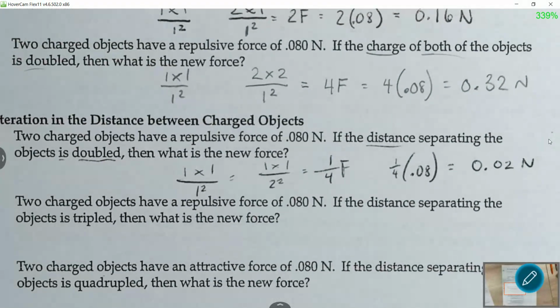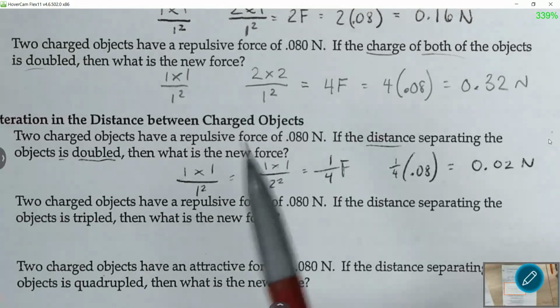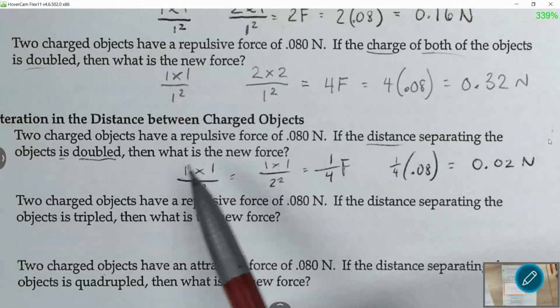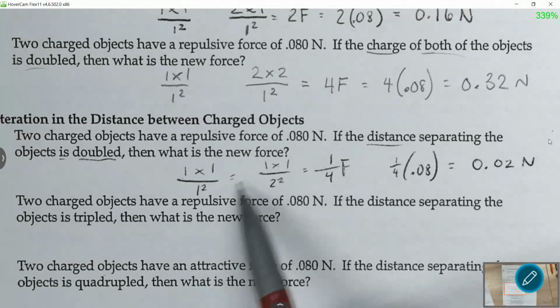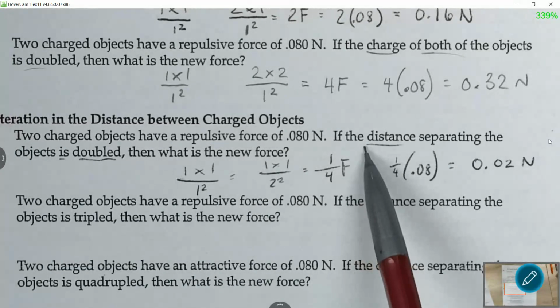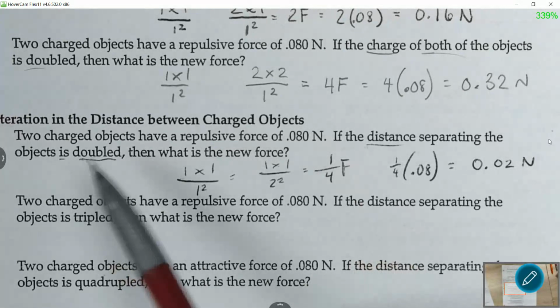And then they talk about, all right, how does this change with the changing of distances? So with distances here, you have charges of the objects on top, 1 and 1. Distance on the bottom. This time they said the distance between them is doubled.